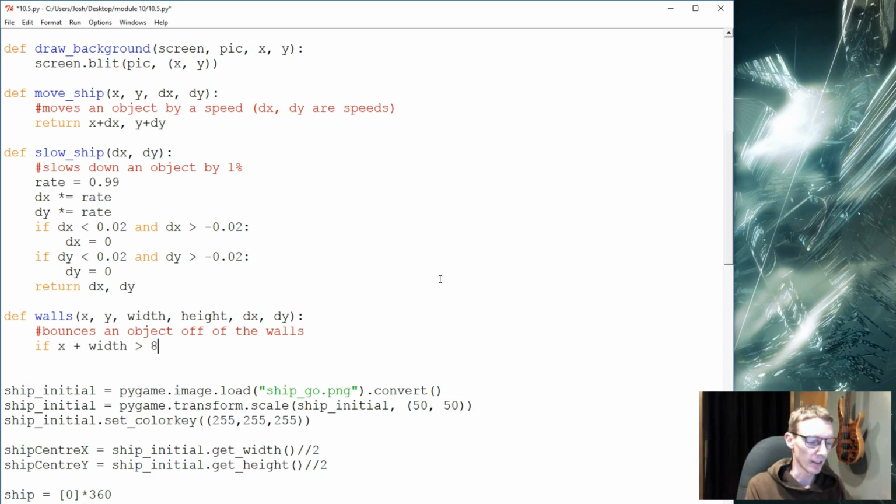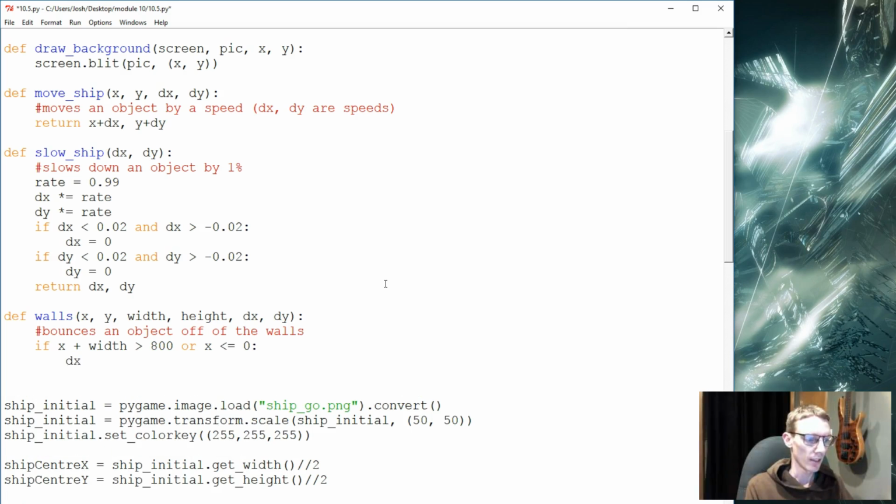I'm not going to right now. I'm just going to say 800 for now. Or our x is less than or equal to 0, because remember we're drawing based on the very center.